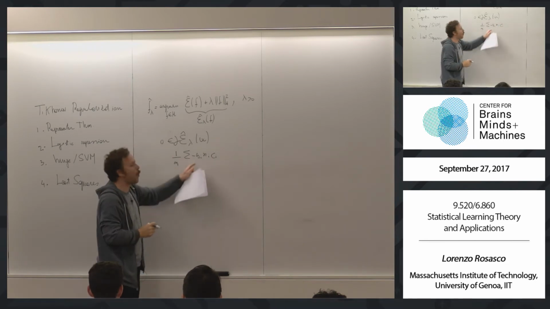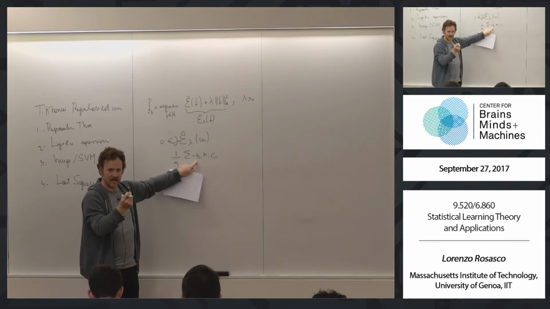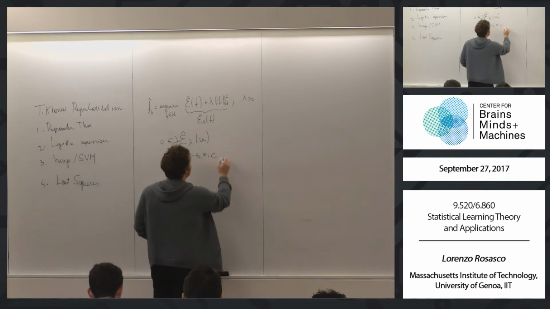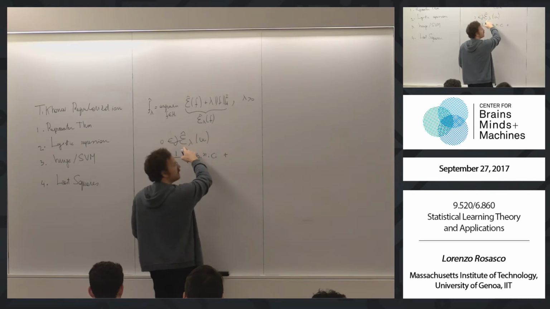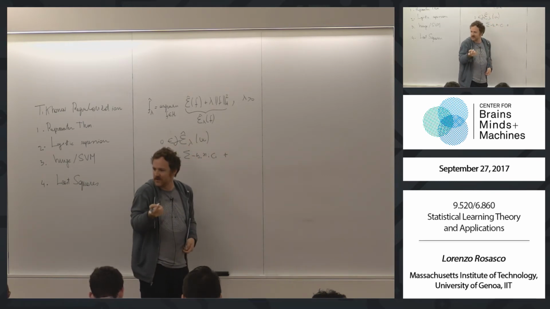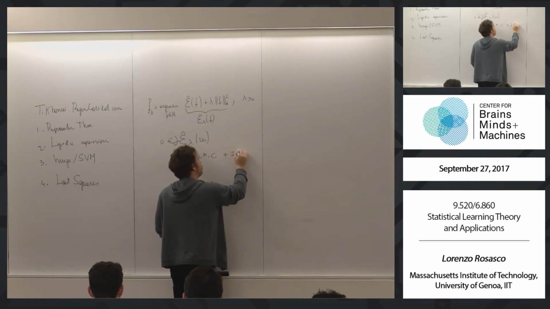Okay, so this is not one vector. It's many vectors depending on the ci's. Plus, I still have to put the subgradient of the norm. But that's easy because it's just the usual gradient.